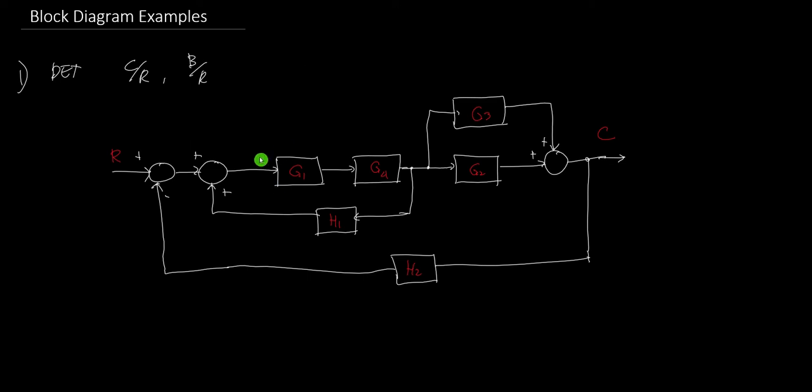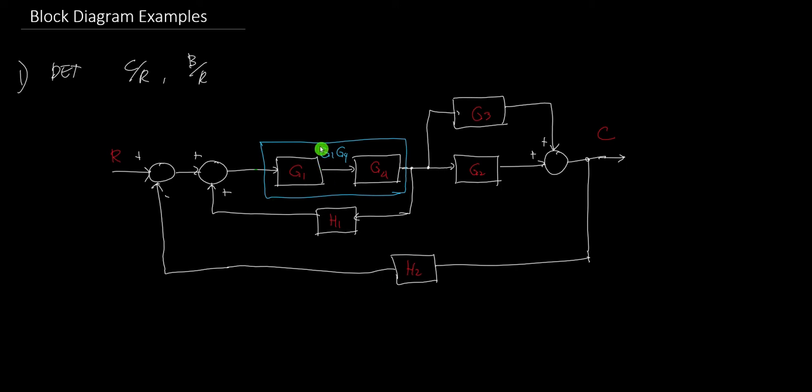For example, in our example here, this is a cascaded block. Here, we can reduce it into just one block, and we already know how to do that. So we have G1 and G4. In one block, this is just G1 times G4. So that's the first step: look for cascaded blocks and convert them into just one block.